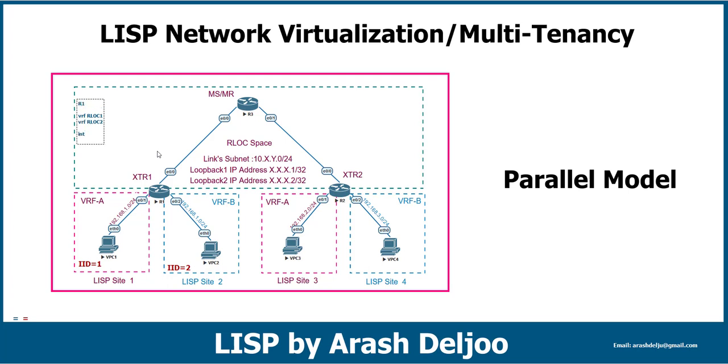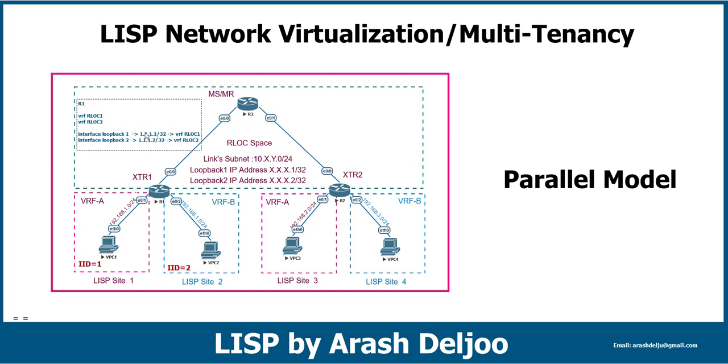We also have two loopback interfaces: loopback 1 with the IP address 1.1.1.1/32, and loopback 2 with the IP address 1.1.1.2/32. Loopback 1 is a member of VRF RLOC1, and loopback 2 is a member of VRF RLOC2.